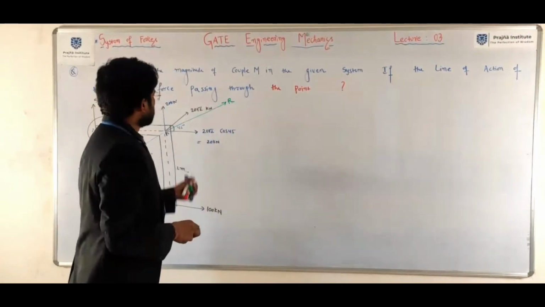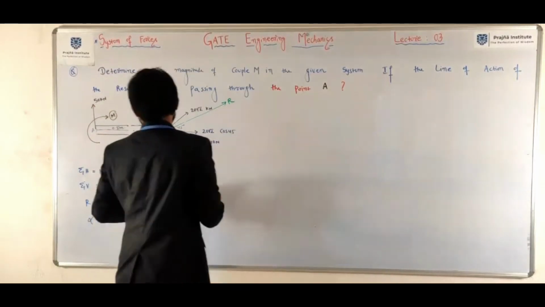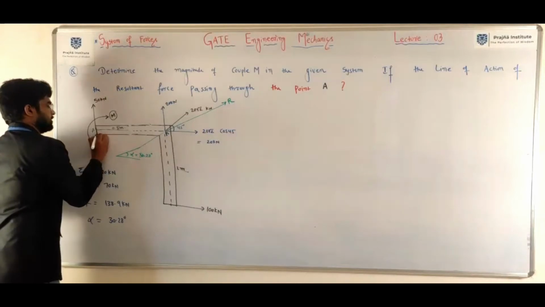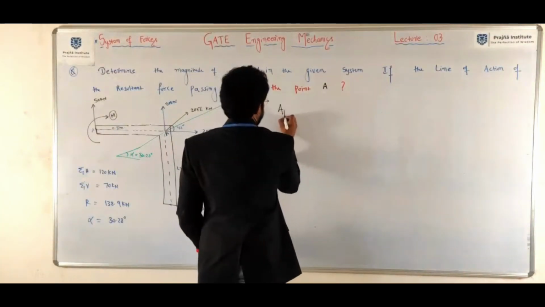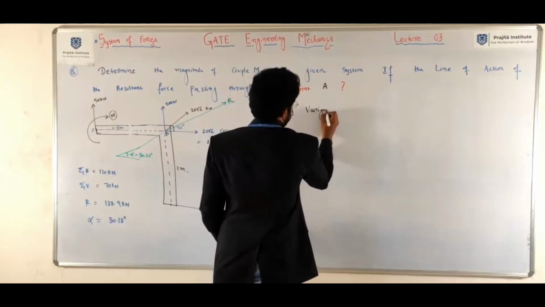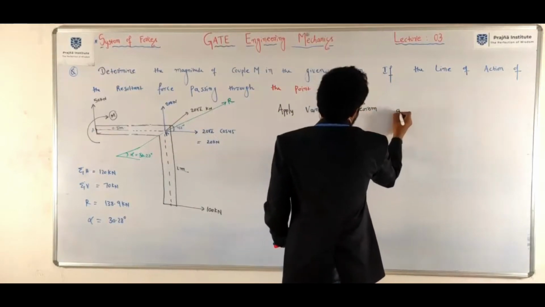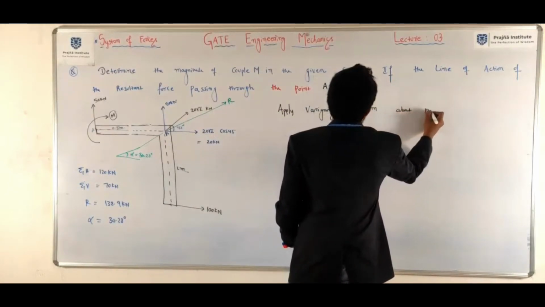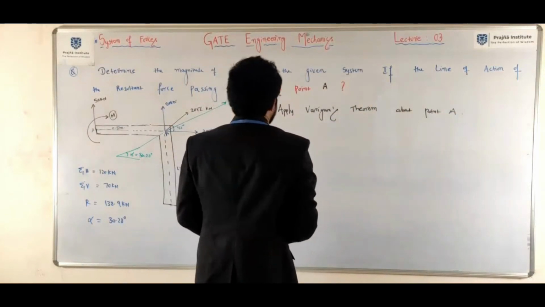Now, passing through the point A. If it is passing through the point A, in that case apply Varignon's theorem about point A. What will you get?